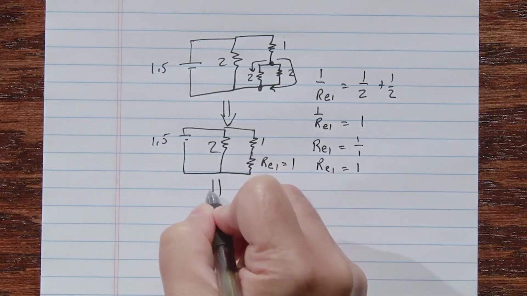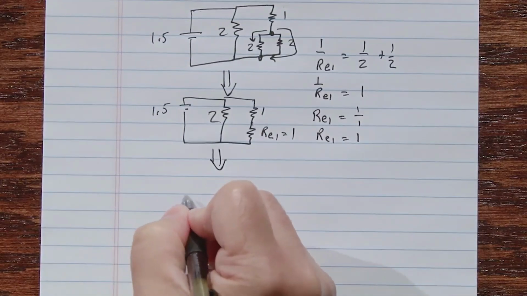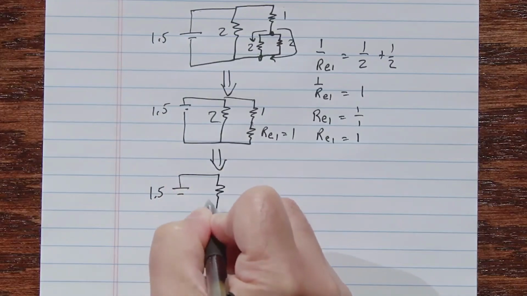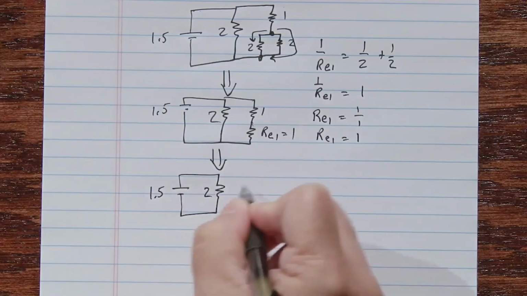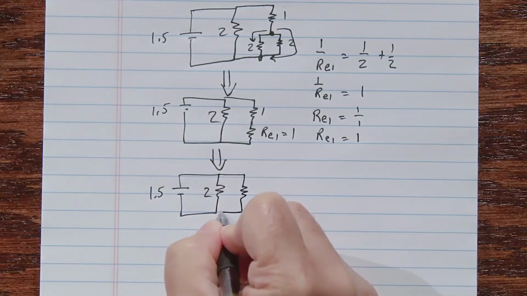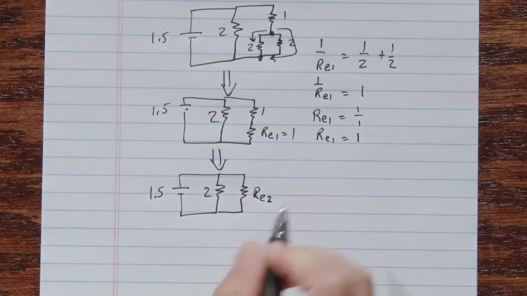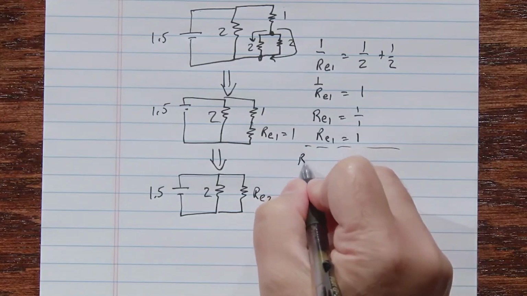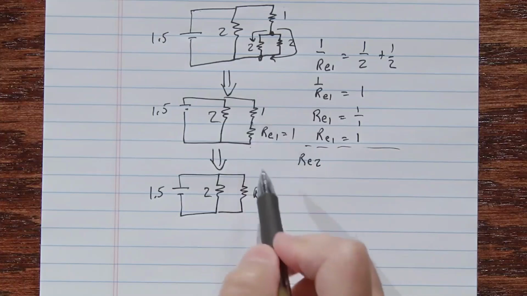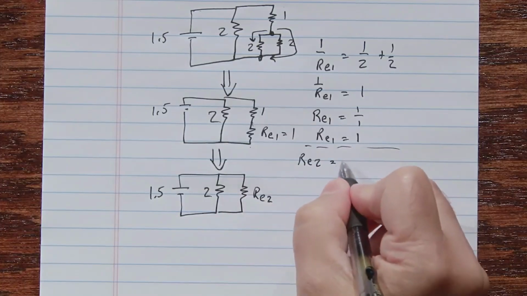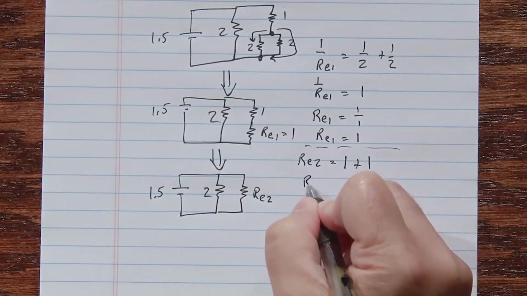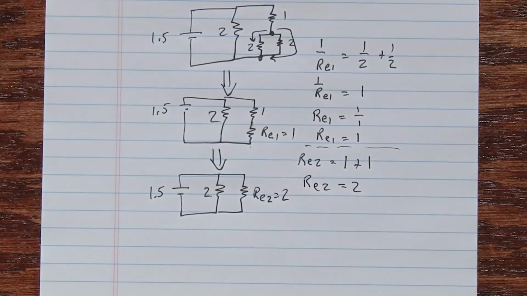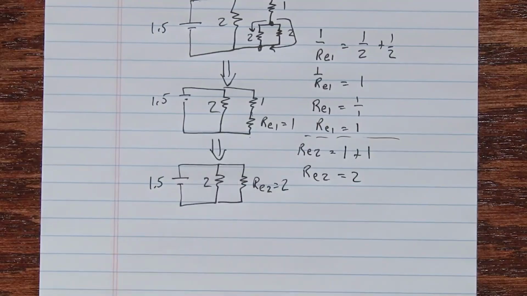So I can replace this circuit with another circuit where I have a 1.5 volt battery, a 2 ohm resistor here, and I'll call that R equivalent 2 right here, where R equivalent 2, since these are in series now, is equal to 1 plus 1, or R equivalent 2 is equal to 2. So this equivalent resistor is a 2 ohm resistor.